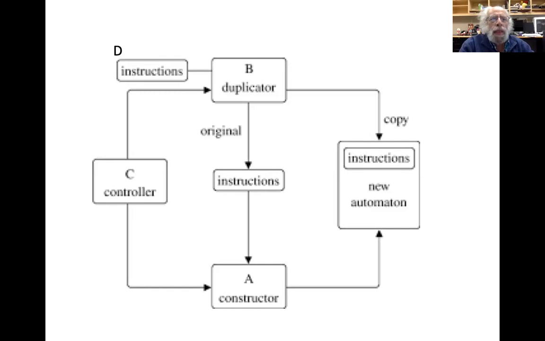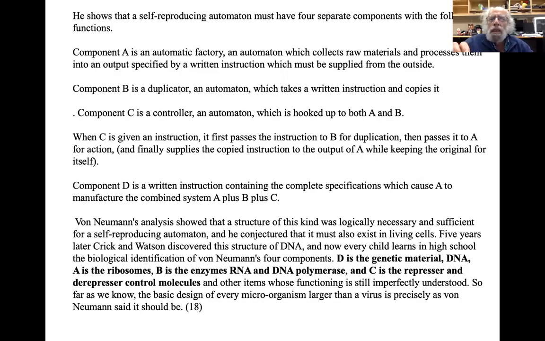And this protein now is going into making the new automaton. So the D's are the instructions, B is the duplicator, and then at the end of having made a new automaton, it attaches the full instructions onto this copy, onto the new automaton. So it's A, the constructor, B, the duplicator, C, the controller, which now goes to the instructions. This was Freeman Dyson's interpretation of what all this was.